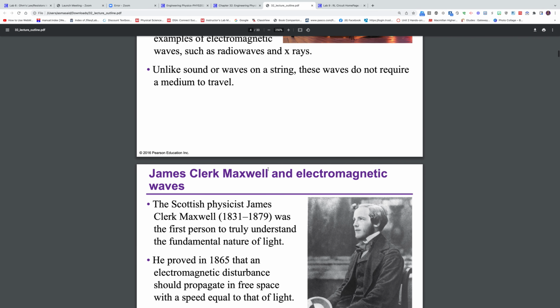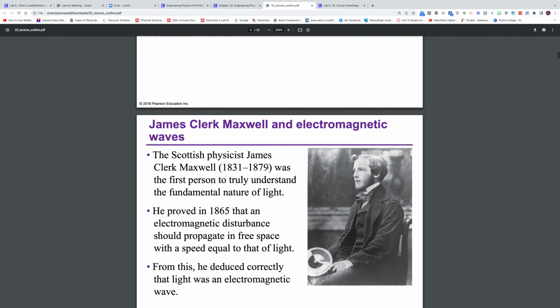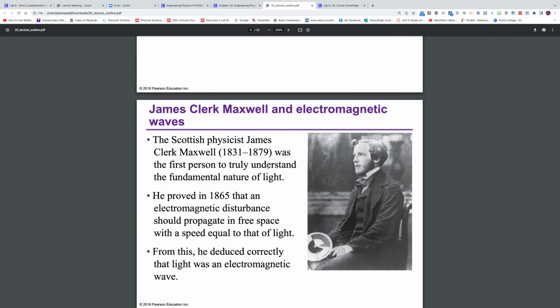One of the most famous names in this field is James Maxwell. This physicist, working with electromagnetic waves, was the first person to truly understand the fundamental nature of light.